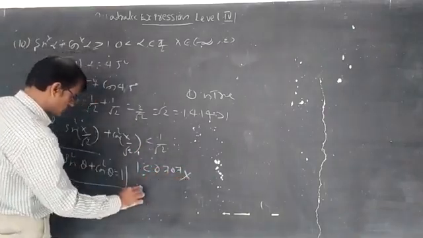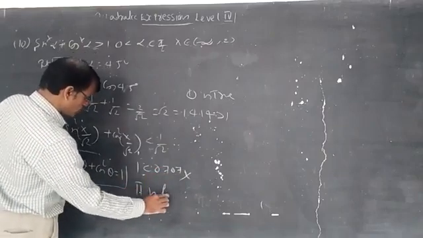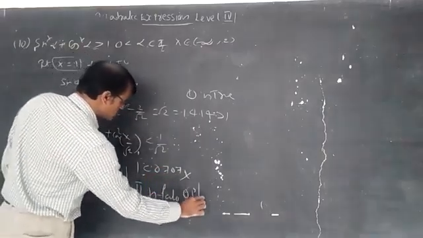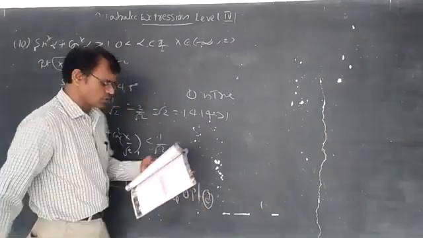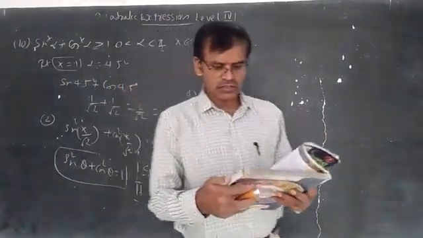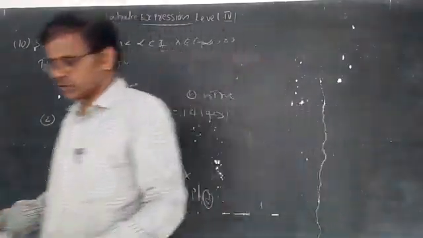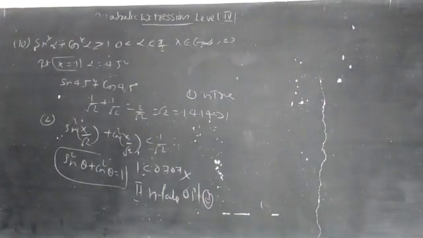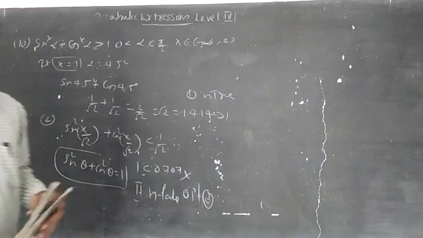It is false. So 2 is false. So 1 is true, 2 is false. So option C for the 10th question. According to the new material also, 10th question, option C, that means statement 1 is true and statement 2 is false.